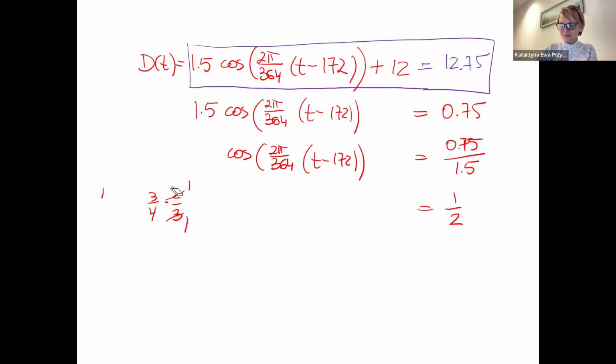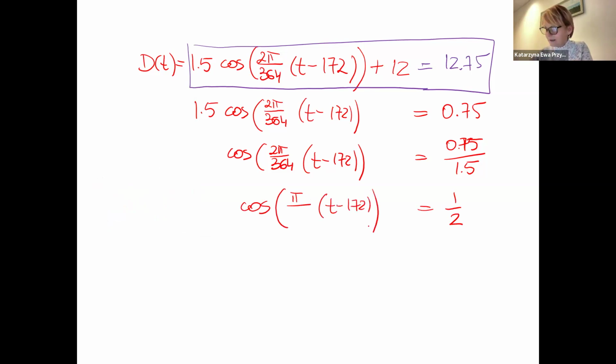Quick algebra. Maybe this one I can simplify. What is 364 divided by 2? 172 or 182? 182.